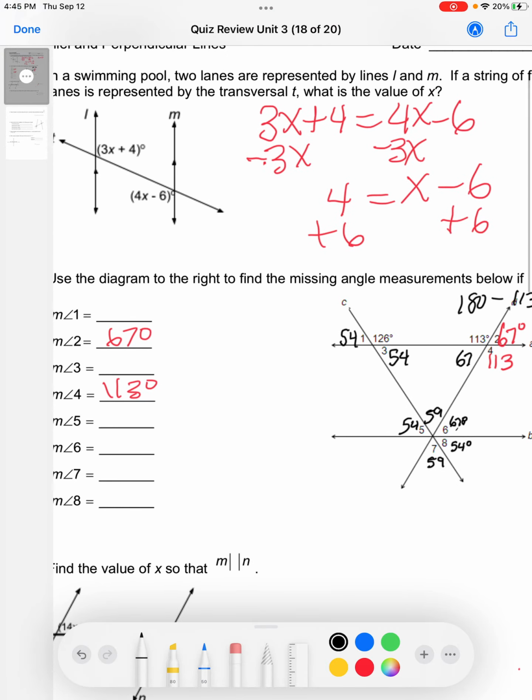Let me put those into these spaces. Angle 1 would be 54 degrees, angle 3 would also be 54 degrees, angle 5 is 54 degrees, angle 6 is 67 degrees, angle 7 is 59, and finally angle 8 is 54.